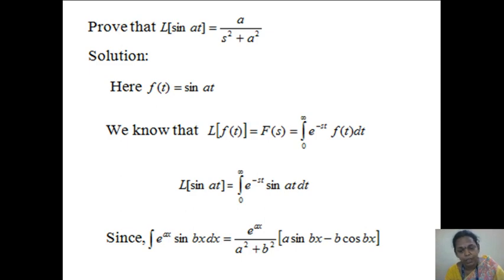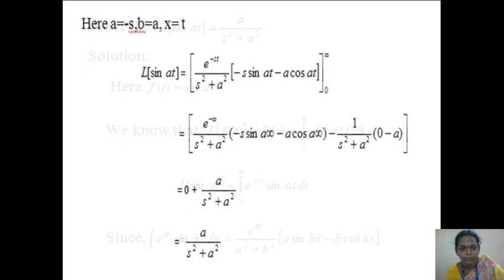Already we know the formula: integral of e power ax into sin bx into dx is equal to e power ax divided by a square plus b square into (a sin bx minus b cos bx). Comparing these two equations, we get a is equal to minus s, x equal to t, and b equal to a.